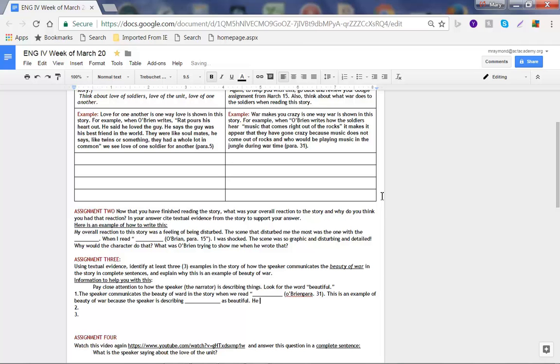The speaker, we're going to just put him as he, compares this to what? What is beautiful? Maybe he compares it to the sun or something like that. That's one example, and then you do it for 2 more.